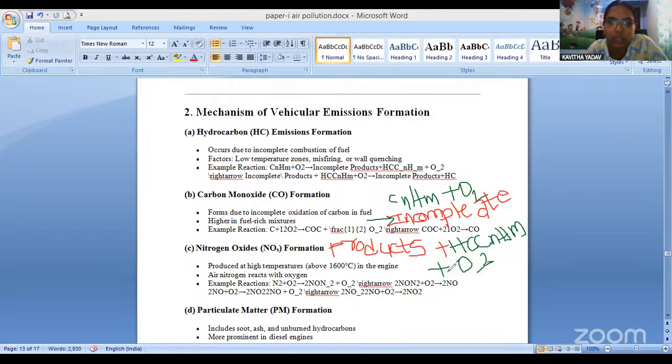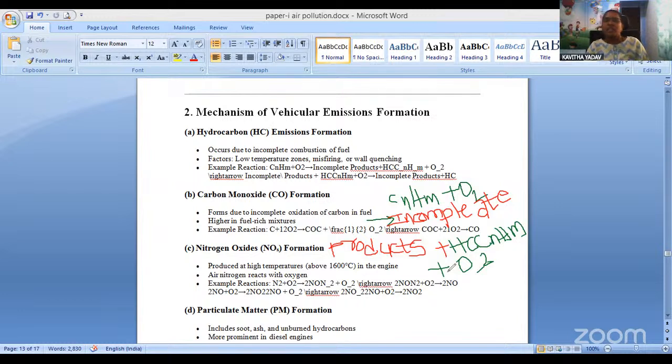How can these incomplete products enter into our environment? For example, CnHm plus O2 can produce HCC, which is an incomplete product.